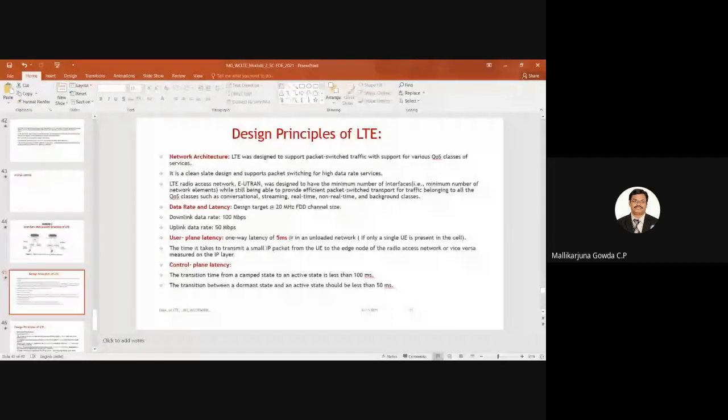One is the user plane latency, and another is the control plane latency.